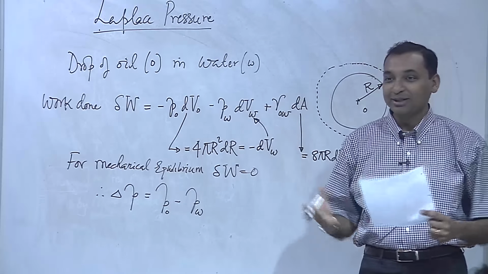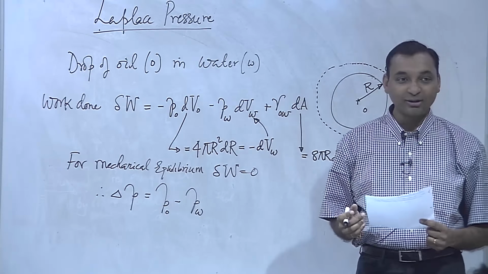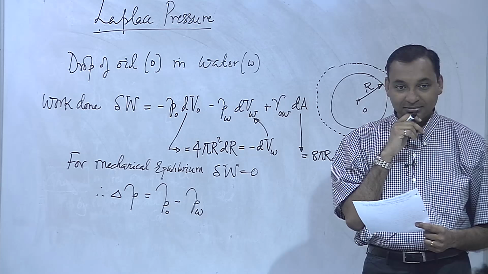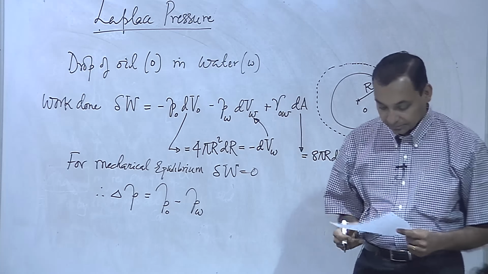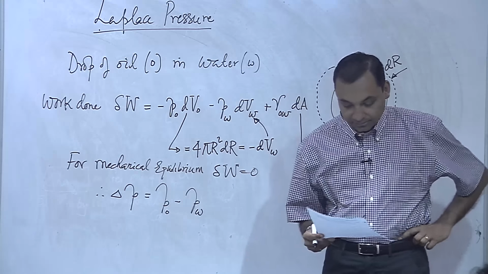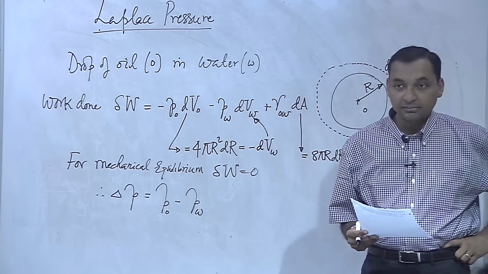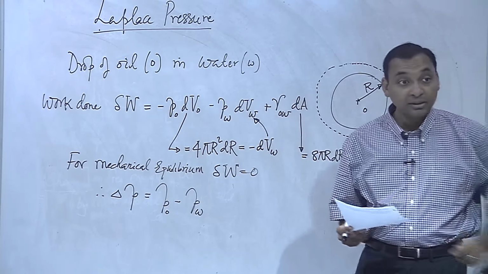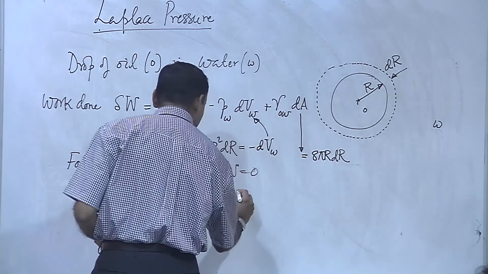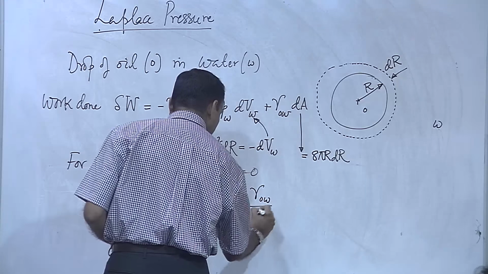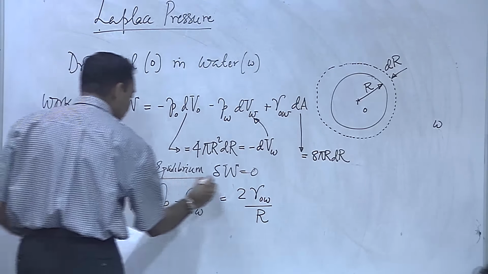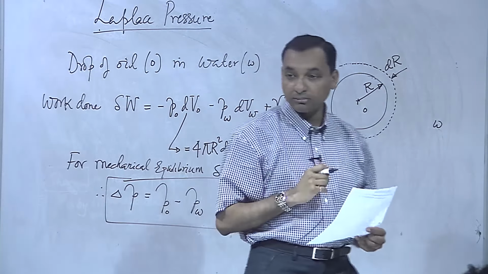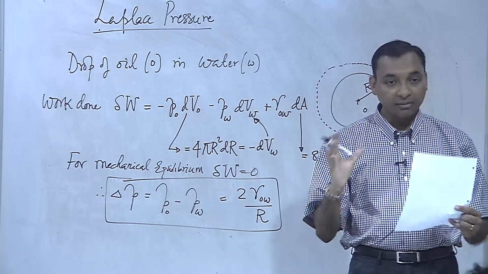There must be some pressure difference across the oil water interface. 2 gamma, so everything cancels out, 2 gamma oil over R. So this is what is referred to as the Laplace pressure of the oil drop. Okay. So we have just derived from fundamentals the Laplace pressure.